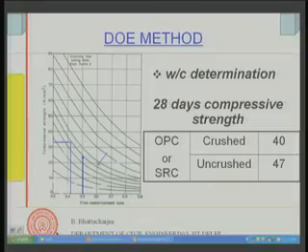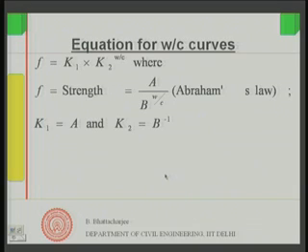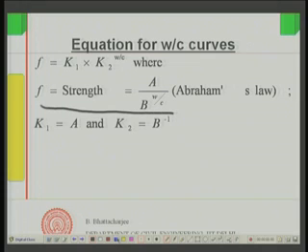Following this up, these curves can be easily formed into a set of equations. We know, if you remember, that we talked about Abrams' water cement ratio law, which looks like this. It is f equals A divided by B to the power water cement ratio.